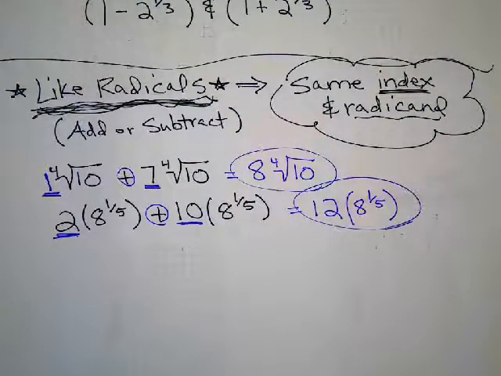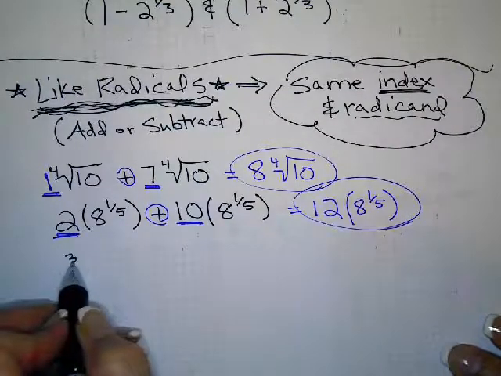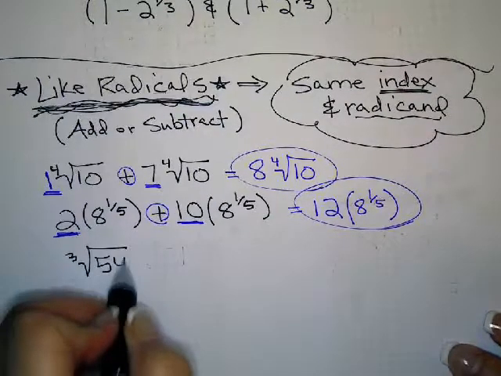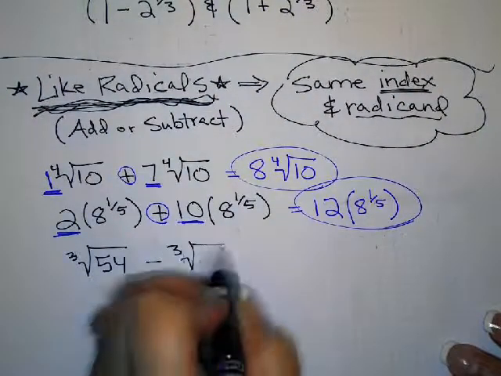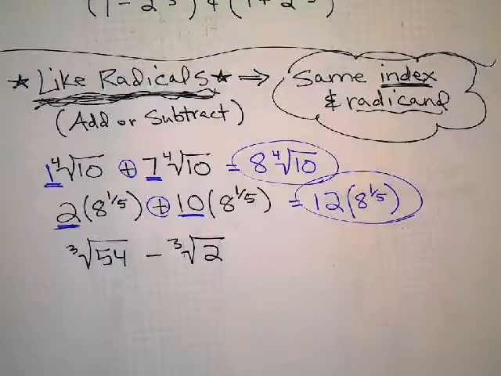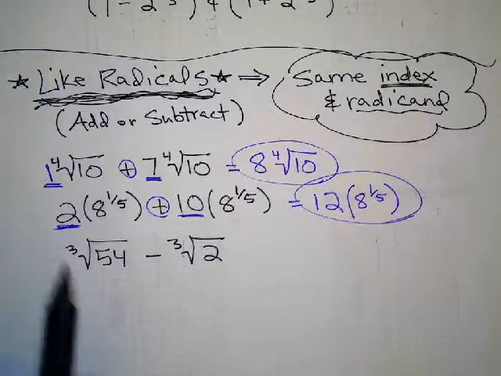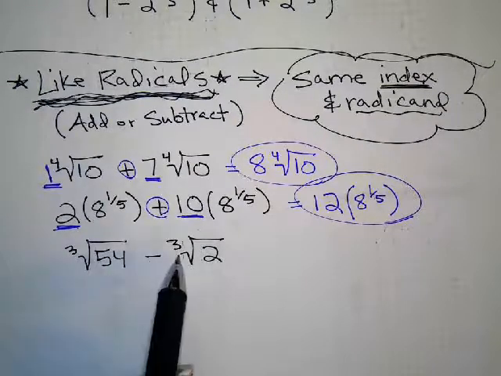The next example, they say they're not alike, but I disagree. They're not alike in their original form. And why are they not alike in their original form? I do have a cubed root and a cubed root, but the radicand is a 2 and a 54. So how are they not alike?